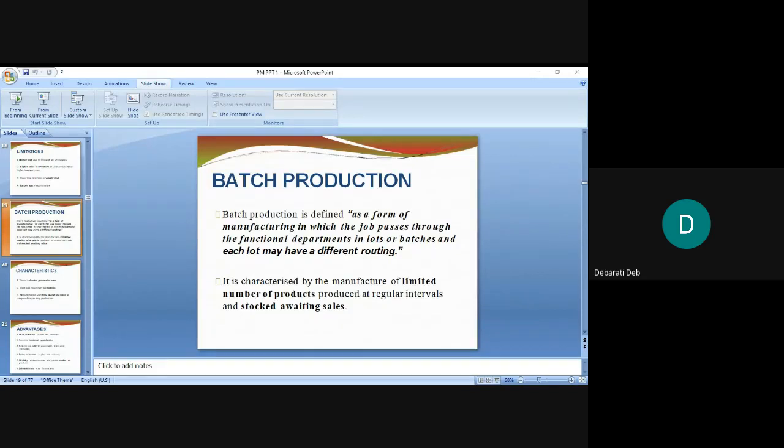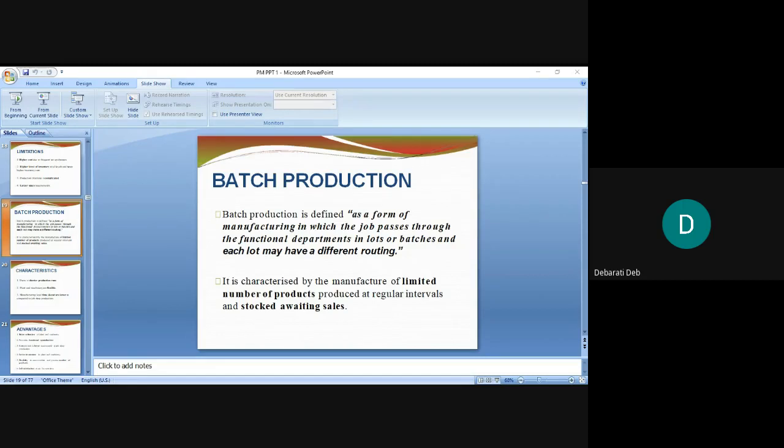It is going through some route, no? Maybe three big rooms are there. From room number 1 it will go to room number 3, then room number 2. So you are routing the path, right? You are giving the direction to the lots to go through that path. That path is nothing but your routing.